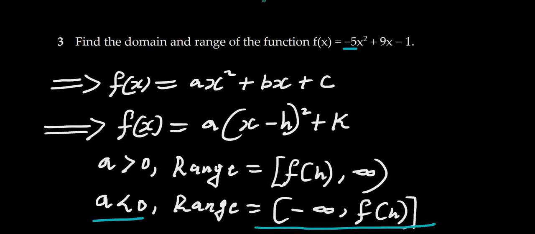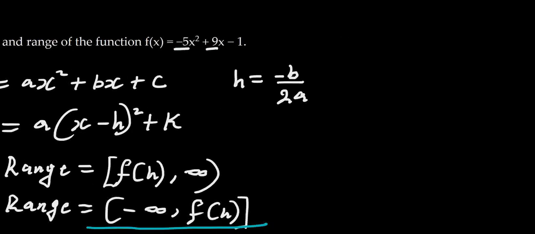So the first thing we are going to do here is to find the value of h. Now recall that h is equal to negative b over 2a. And from the given function, the value of a is negative 5 and the value of b is plus 9. Now let's plug these two values into this equation.